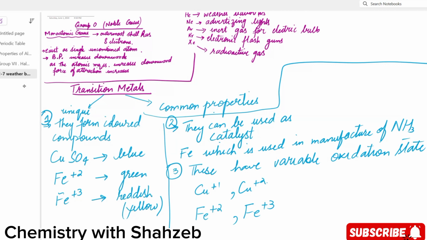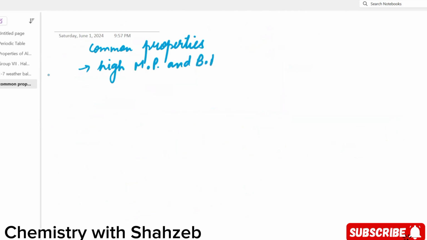So let's also discuss their common properties, which are the characteristics of most metals. They have high melting point and boiling point. Second, they have high density.